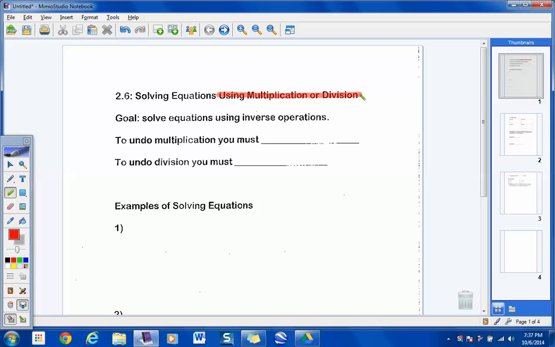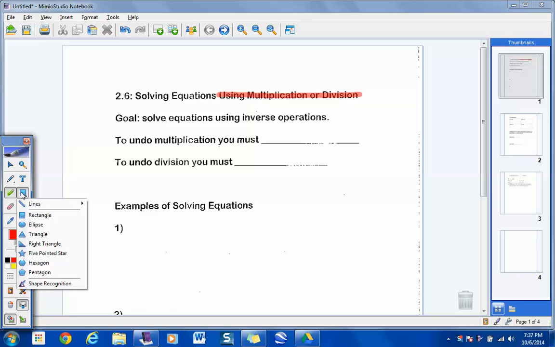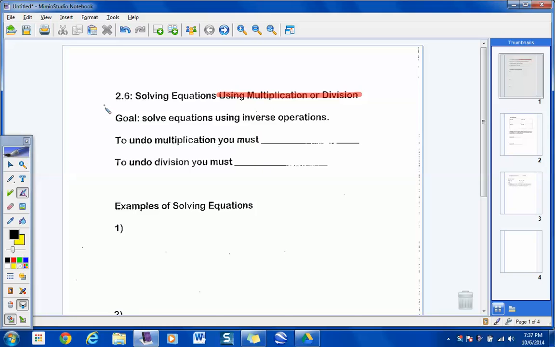So my goal right here is that we are going to discuss solving equations using inverse operations. To get started, our first statement says to undo multiplication, you must, and everybody's got down that we're going to divide.